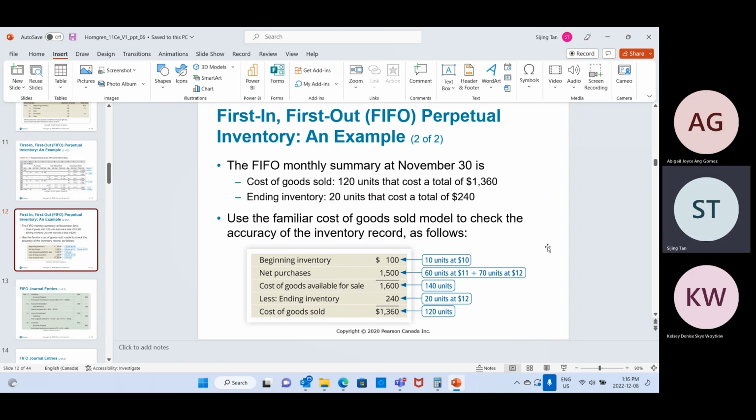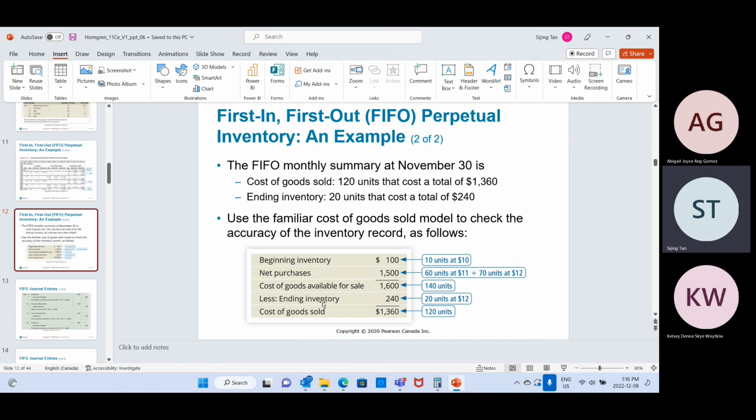Now use the familiar cost of goods sold model to check the accuracy of the inventory record. With beginning inventory, we have 100, right? With 10 units at $10. We have net purchases: the first purchase of 60 units at $11, and then the second purchase of 70 units at $12. So cost of goods available for sale will be 1,600.